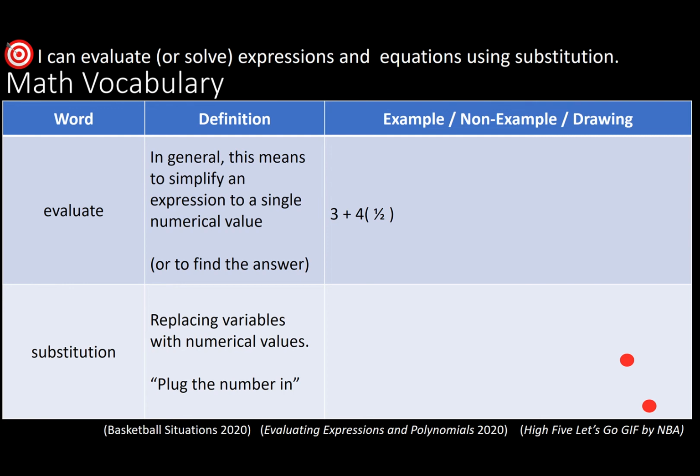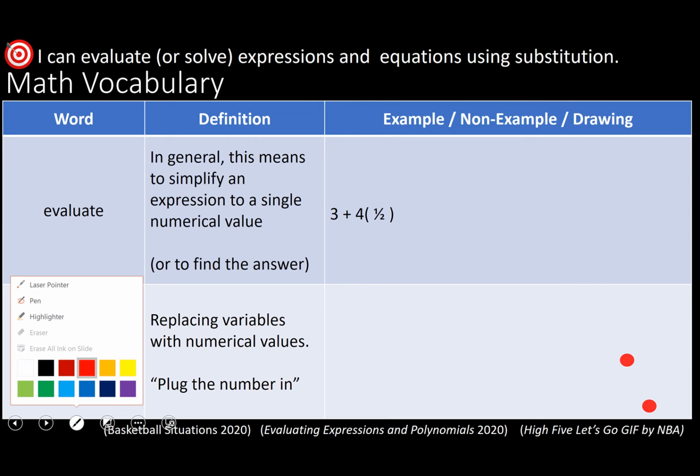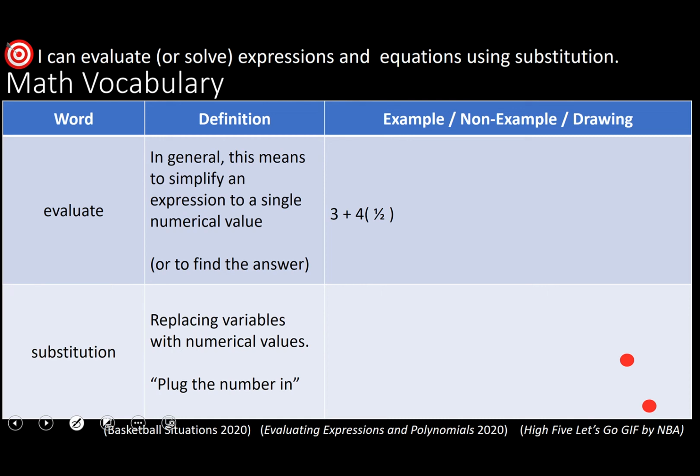So the first thing I want to talk about is some vocabulary. So there is evaluate, which some of you may recognize. This in general means that you're simplifying an expression to a single numerical value. So in the case of 3 plus 4 times 1/2, we would use our order of operations.